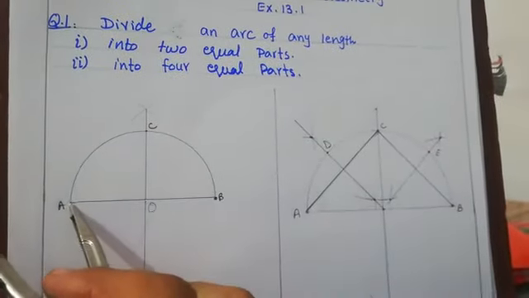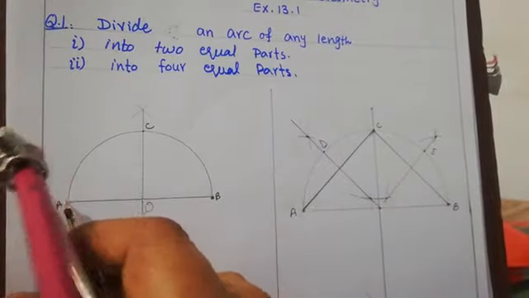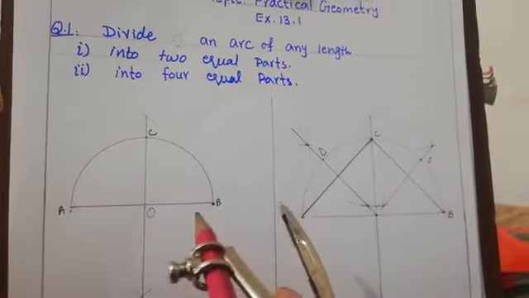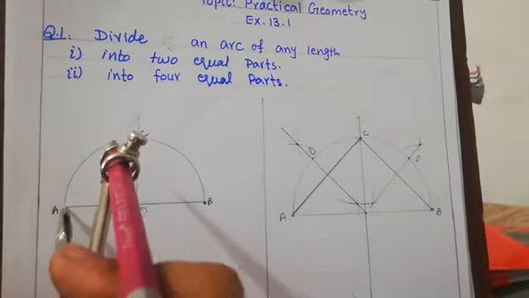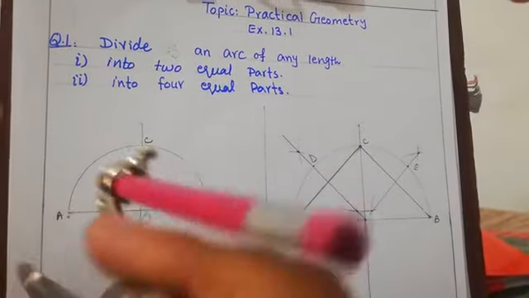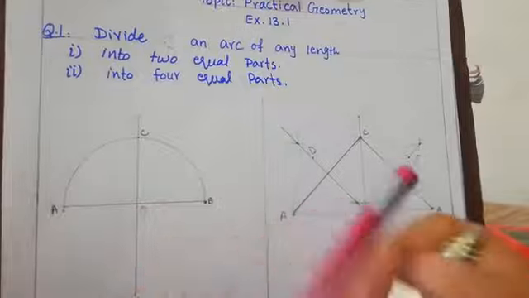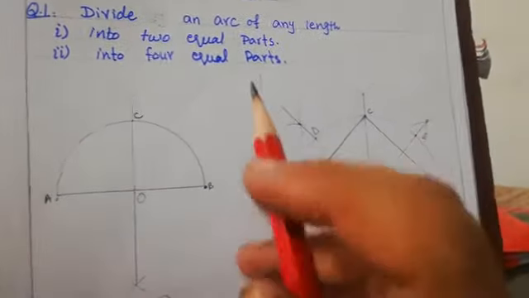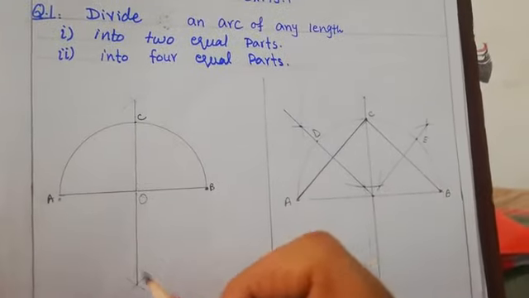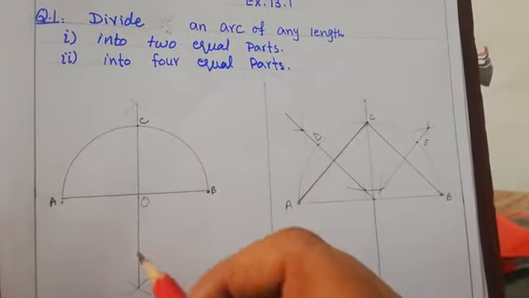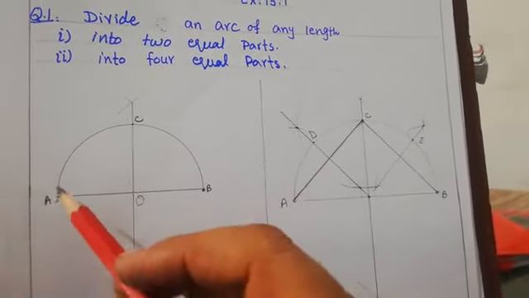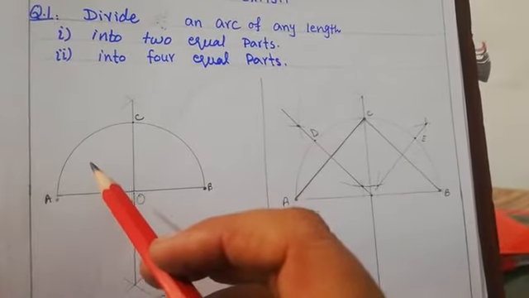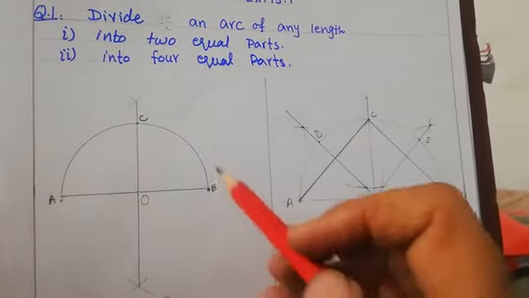Then put your compass at the previous length and draw the second arc, which intersects the first arc at these points. After that you will join these two intersecting points and get the perpendicular bisector. Now we have divided the arc into 2 equal parts. Part 1: AC and BC are the required arcs.